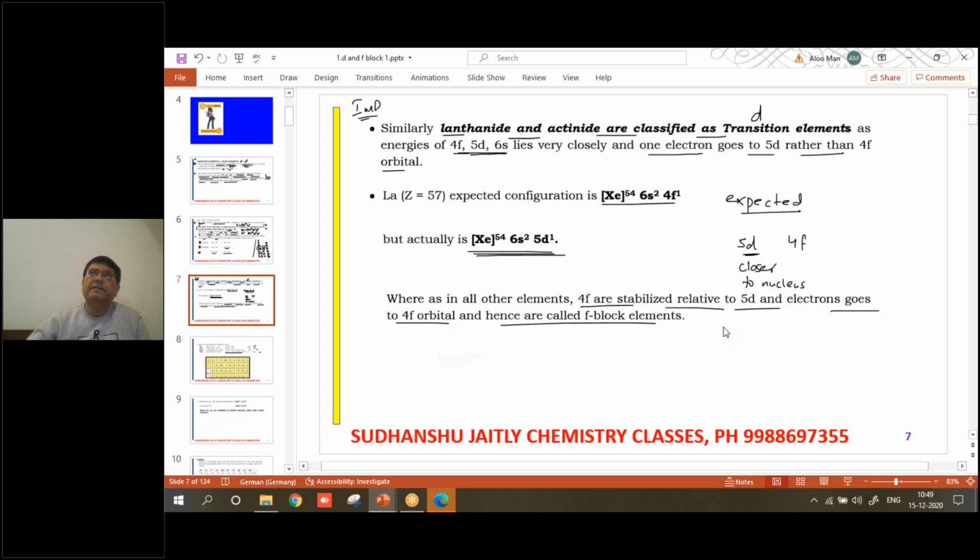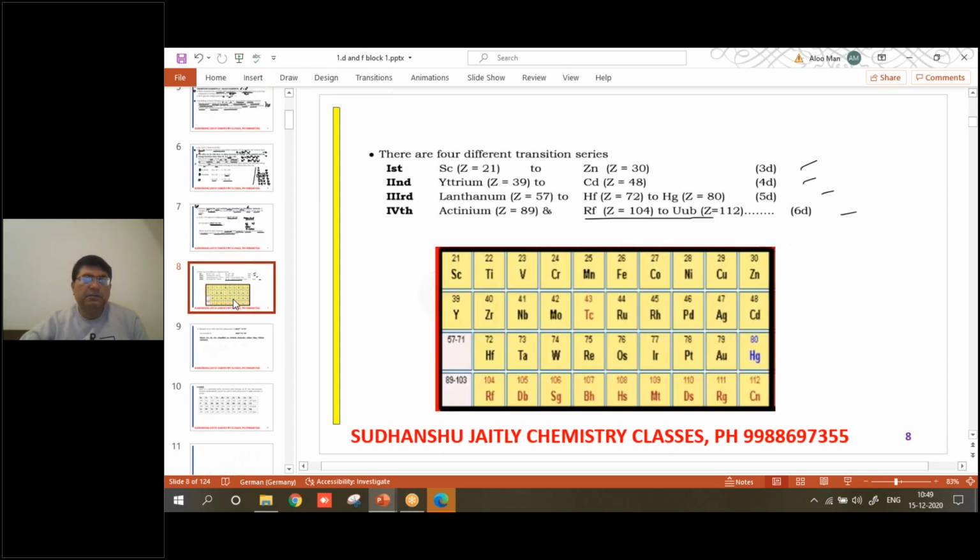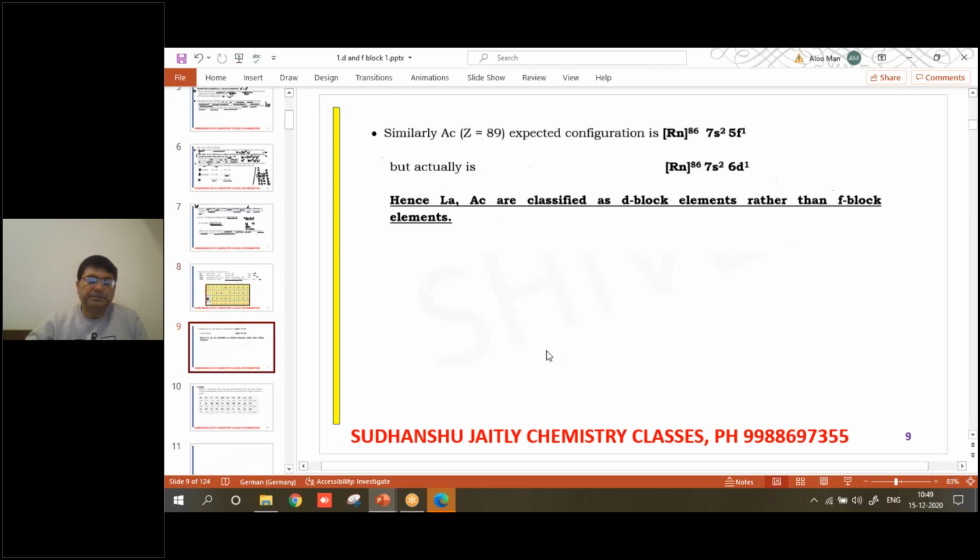In a short while I will fine tune this when I hit the f block. I will tell you more exceptions there. Approximately four exceptions will come in the lanthanides in the f block. We will do it in detail. Please do not forget, moral of the story: lanthanum is a d block element.